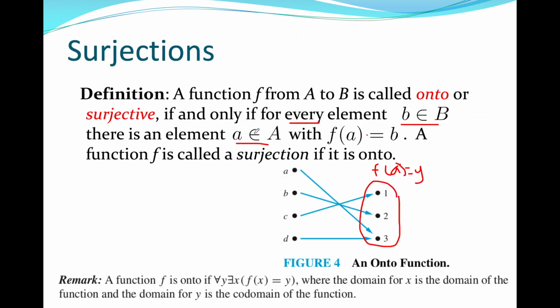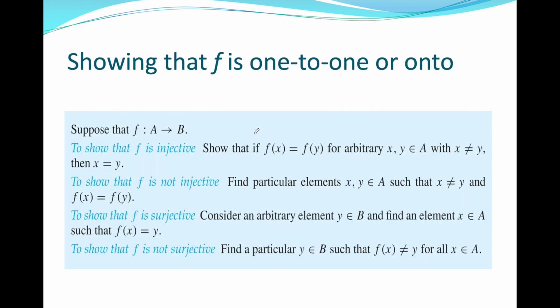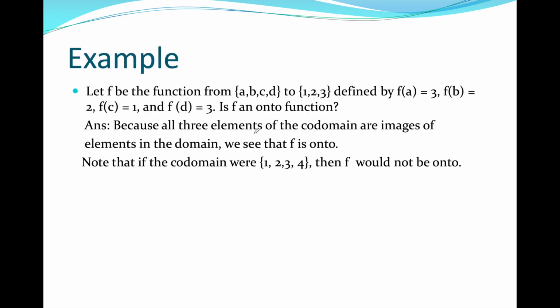If it is not injective, then you find particular elements such that x is not equal to y and f(x) is equal to f(y). For the surjective, it is similar to injective. So for this example, let f be the function from {a, b, c, d} to {1, 2, 3} defined by this, and check whether it is onto or not.